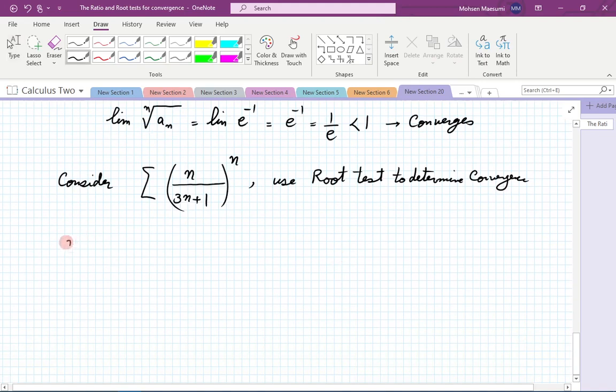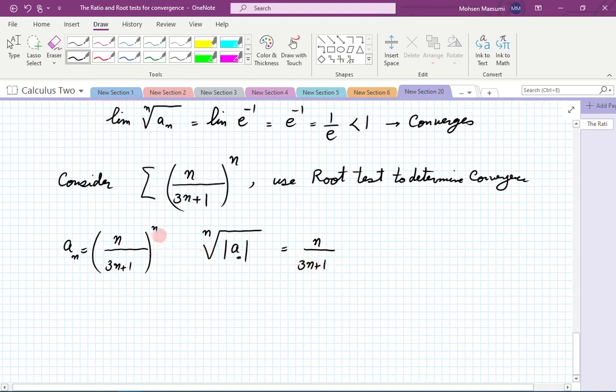Well, the problem is telling us what test to use, so that makes it easy. I have the nth term to be the following. What is the nth root of this? Now in reality I have to take the absolute value, but here everything is positive. Nothing is gained by taking the absolute value. But anyway, if I take the nth root of the nth power, I just get the item in the base, so that's going to be n over 3n plus 1.